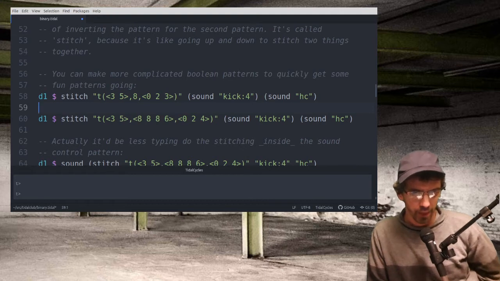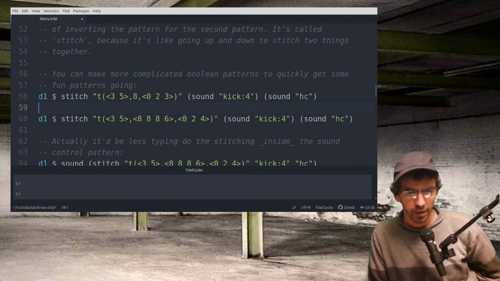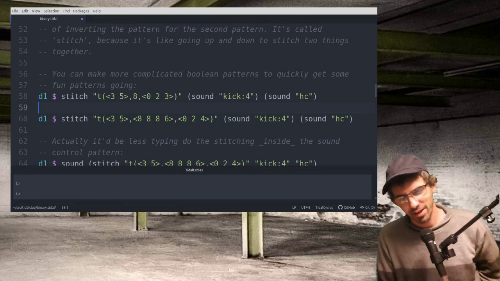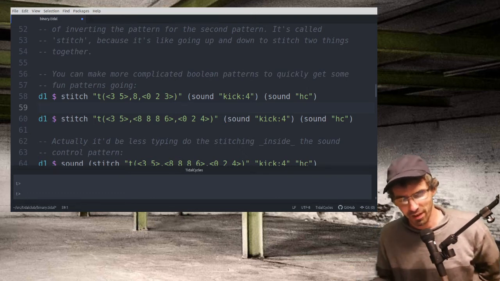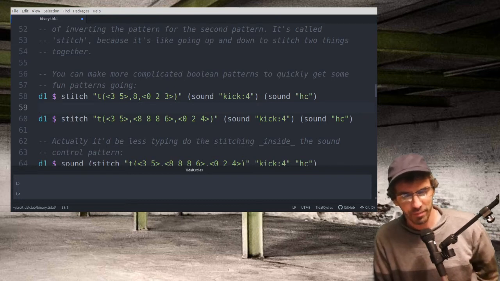But here the number of steps that are filled in skips between 3 and 5 for the kick. Of course, this is getting the inverse, so this is instead getting the other 5 and then the other 3 values that are left over.